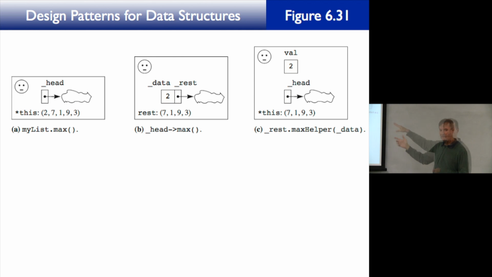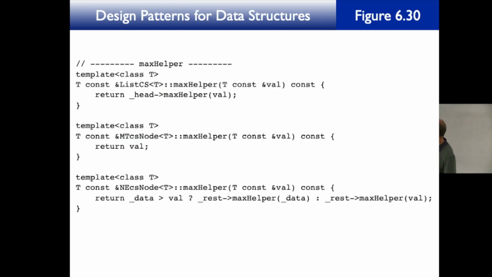It calls the node version. Remember what it called? But what does it give it? Do you remember what it gave it? It passed along the data, but then here, let's go back. So here it says return underscore head arrow max helper.